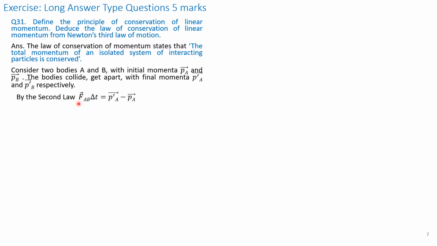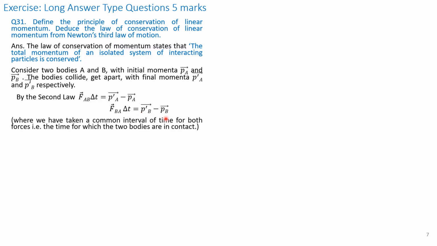By the second law, force of A on B, F of AB into delta T equals P dash A minus PA, and force of B on A, F of BA into delta T equals P dash B minus PB. Here we have taken a common interval of time delta T for both the forces, that is the time for which the two bodies are in contact.